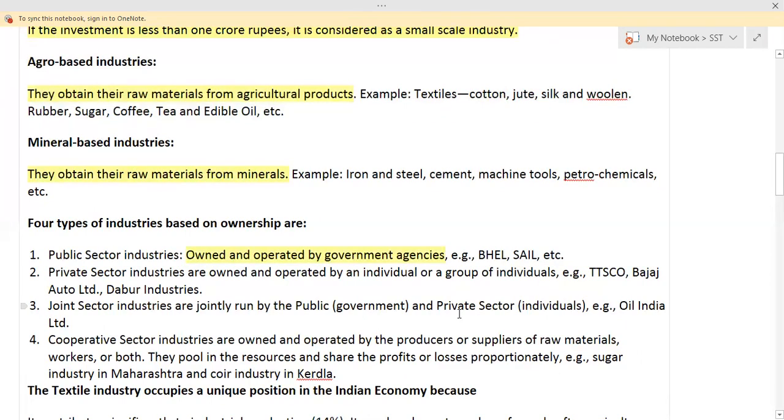operated by government like BHEL, SAIL, etc. Okay, so full form of BHEL is Bharat Heavy Electronics Limited.